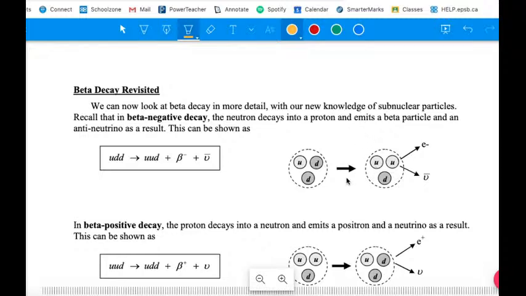As that down quark is replaced by an up quark, we still need conservation of charge, conservation of mass energy. So as a result, going from negative 1/3 up to positive 2/3, our conservation of charge requires this electron to be emitted.